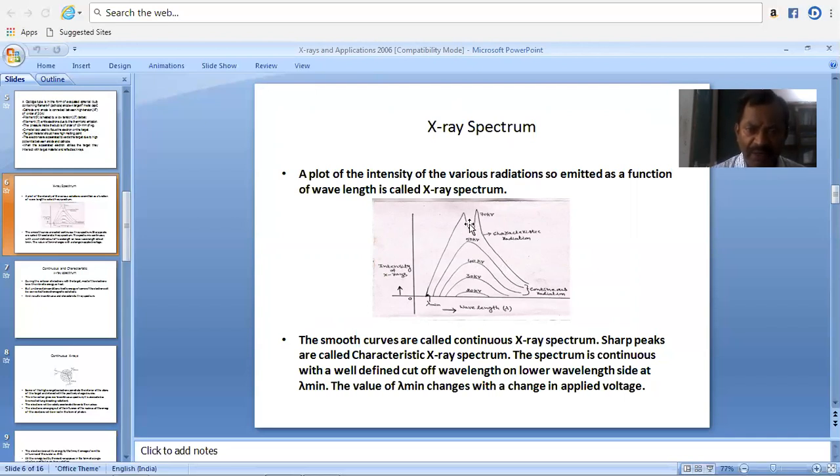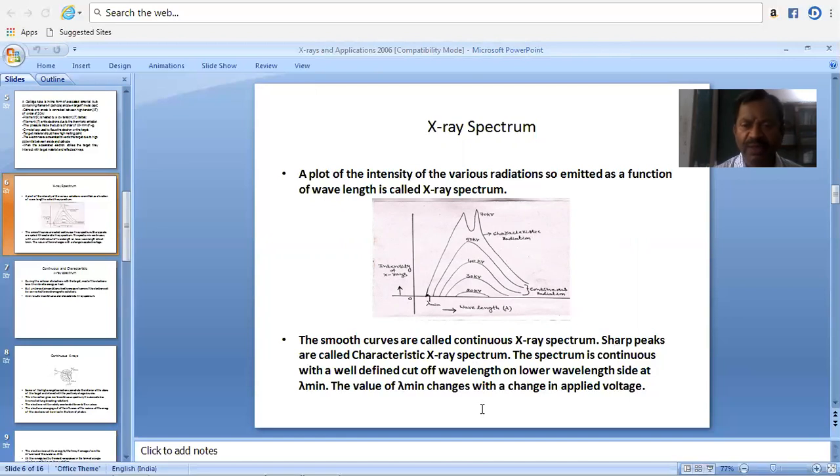Here we find in this curve two peaks for 70 kilovolts. We call this the characteristic X-ray spectrum. The smooth curves are called the continuous X-ray spectrum. Sharp peaks are called the characteristic X-ray spectrum.